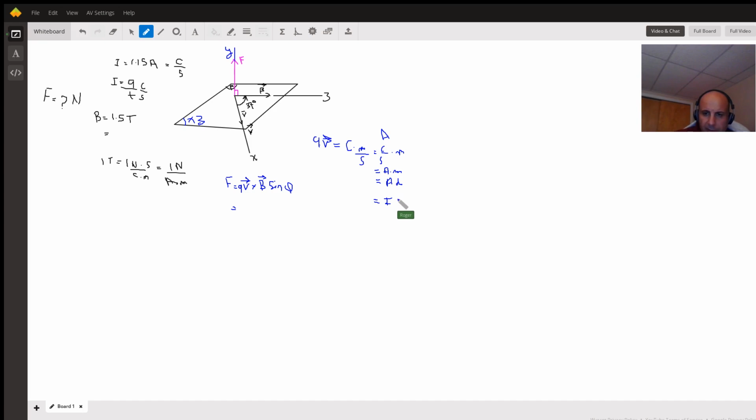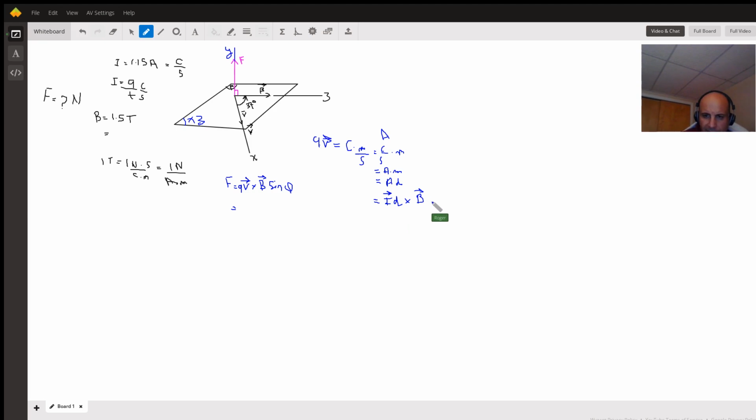Okay, so it will be I d, and I as a vector cross B. Well, actually, it's a cross product, because in order for you to get the vertical direction, you have to use the cross product and the right-hand rule.